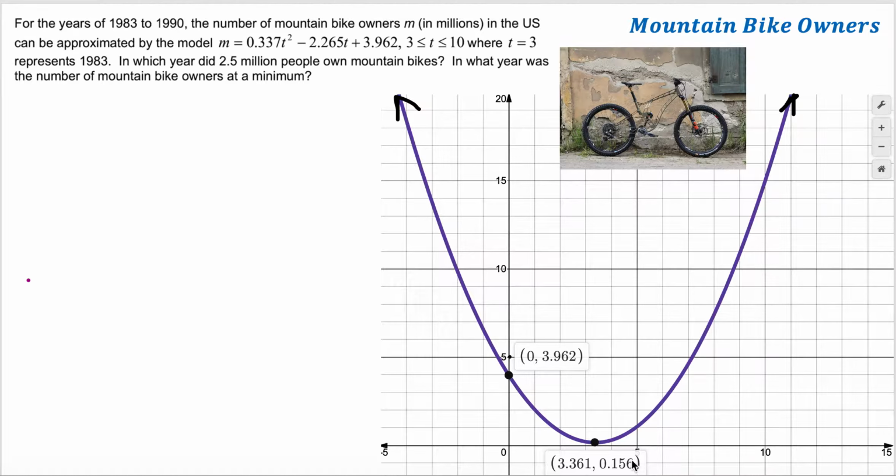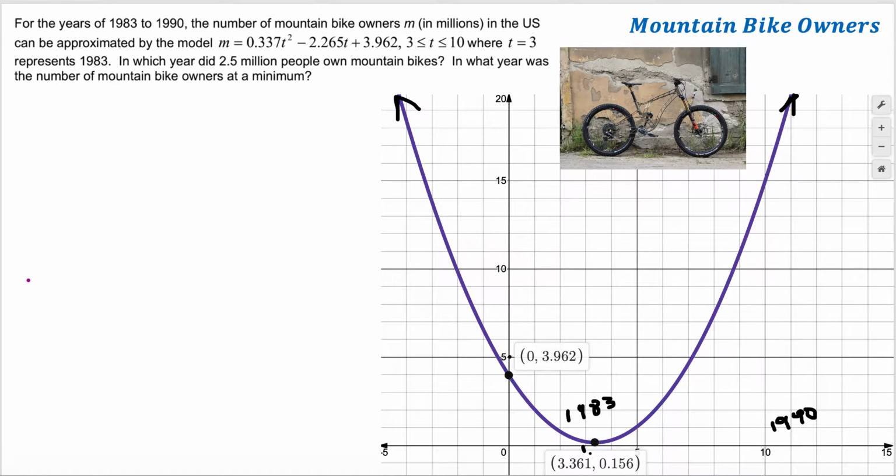If you look here, number 3 represents 1983, and 10 represents 1990, according to the information we have in the word problem.